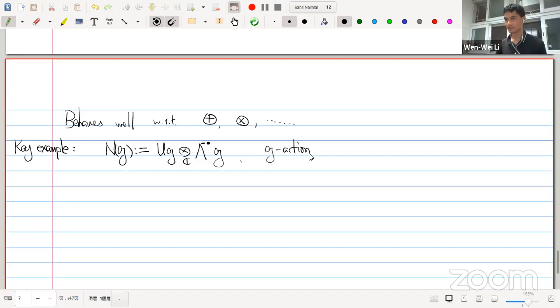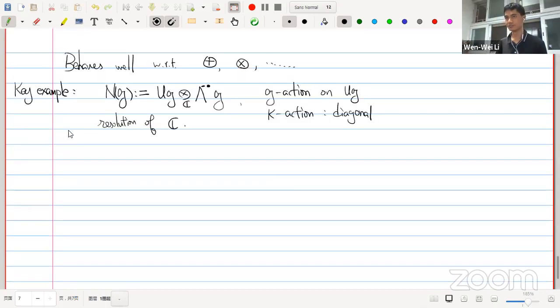It's a complex of g modules, g acting only on U(g). The K action is the diagonal K action. It's a resolution of the trivial g module C. In fact, the projective resolution is actually free.